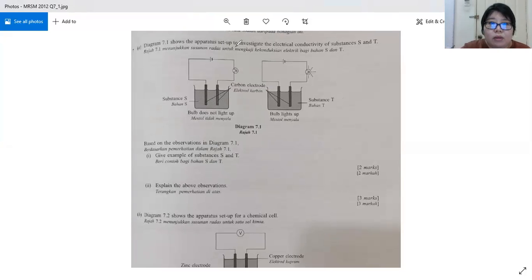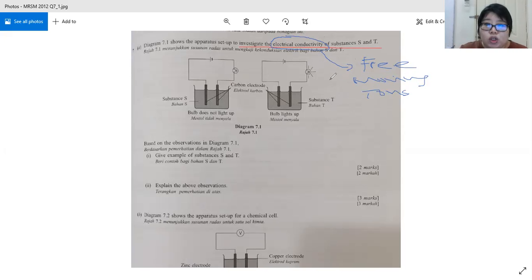Okay, the keyword number 1, to investigate the electrical conductivity of substance S and substance T. Now, when we are talking about the word electrical conductivity, the terms that should come into your mind will be free moving ions. Okay, I repeat. When there are free moving ions, the substance can conduct electricity. Okay, these are the keywords.